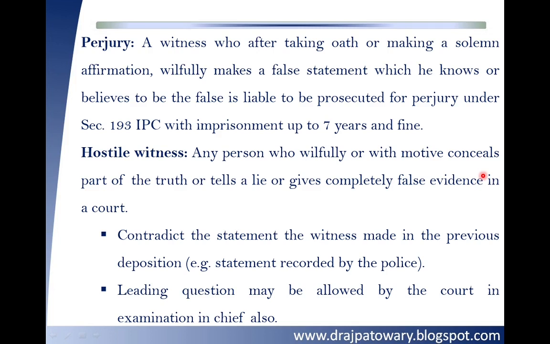It will be declared by the court. Only the court can declare a hostile witness, and it will do so on the basis of the plea by the prosecution counsel, the prosecution lawyer.